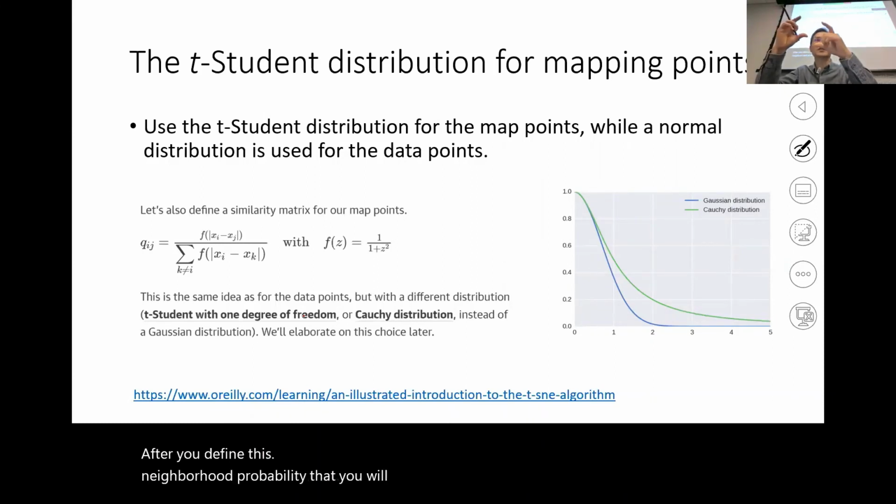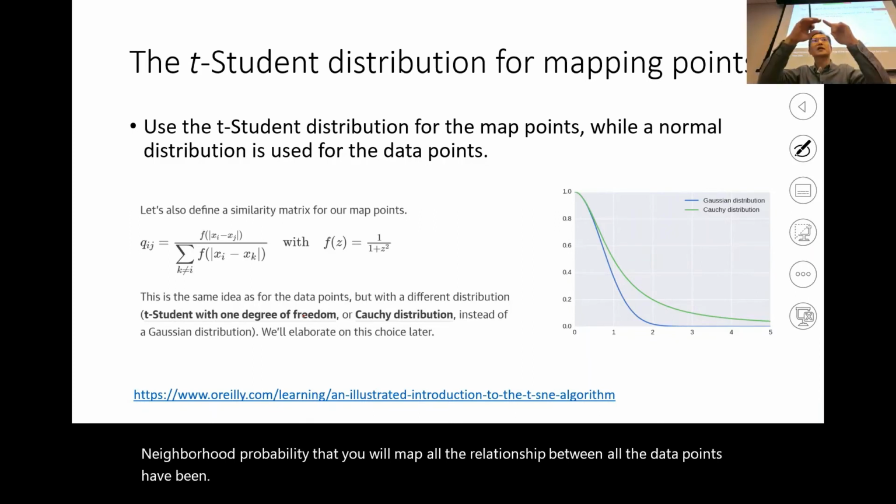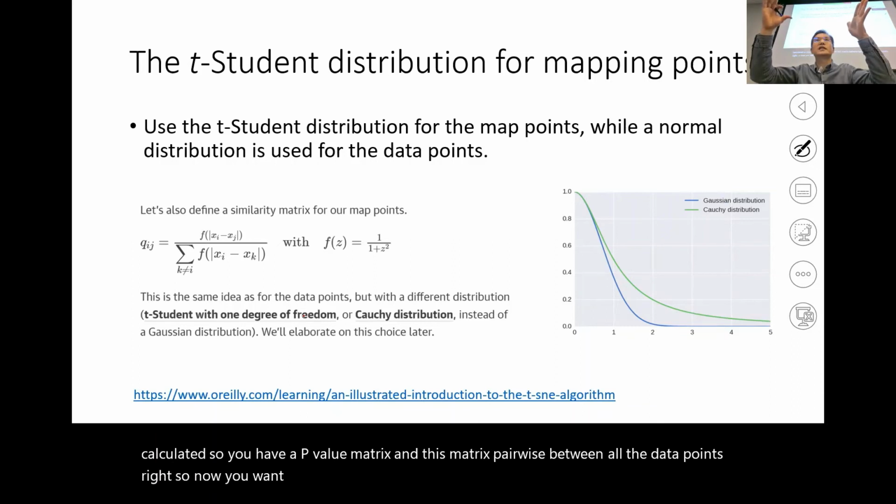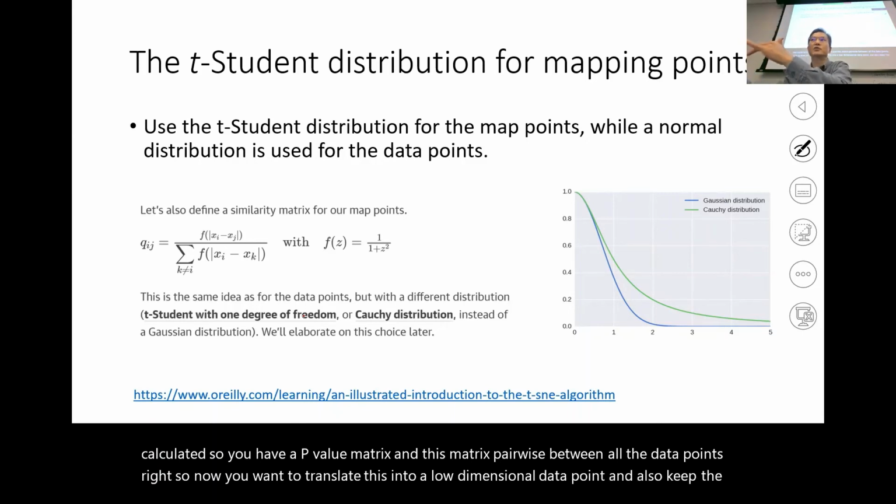So all the relationships between all the data points have been calculated. So you have a p-value matrix, and this matrix is pairwise between all the data points, right? So now you want to translate this into low dimensional data points and also keep the same p-value matrix.